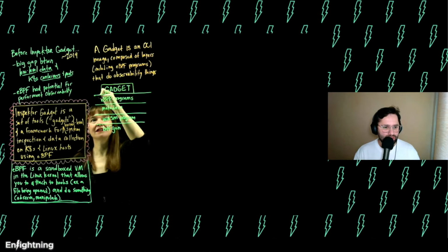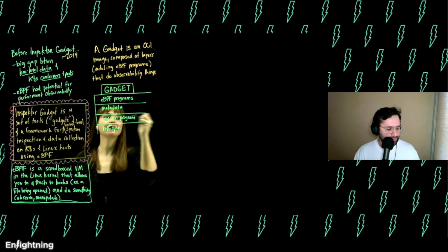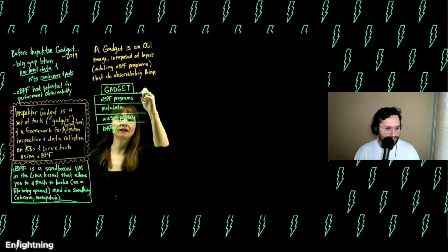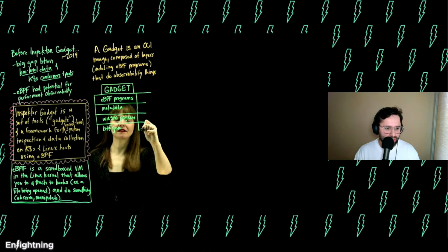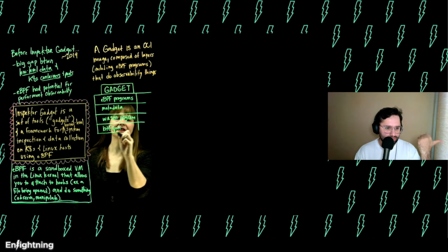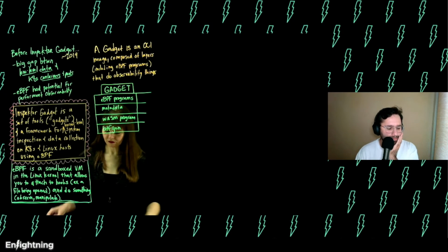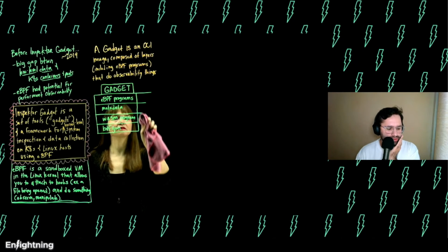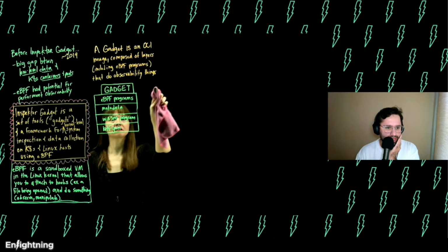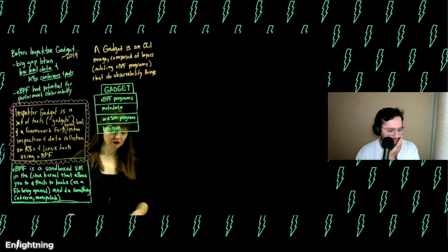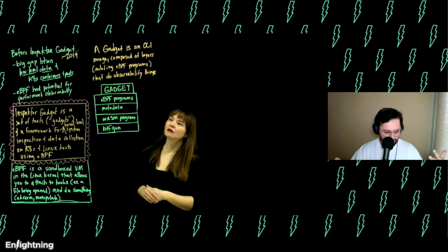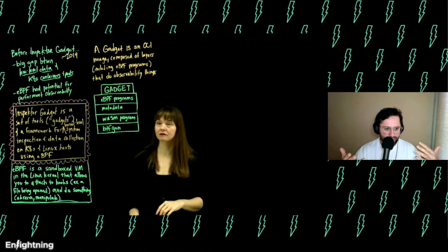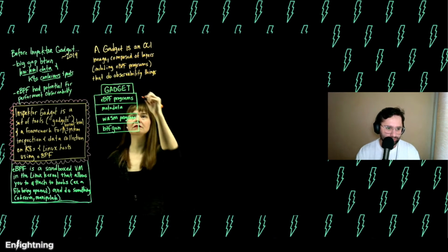In terms of these different layers, the eBPF programs are the ones we just talked about. The metadata file includes information about the gadget name, where the source code is, and also once you run a gadget, how to control its output and stuff like that. So that lives in metadata.